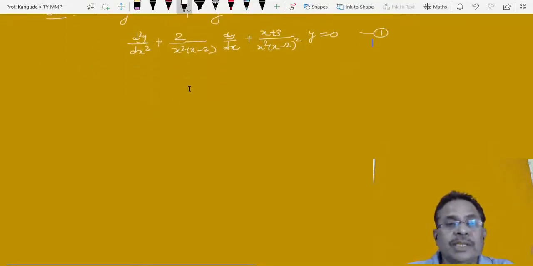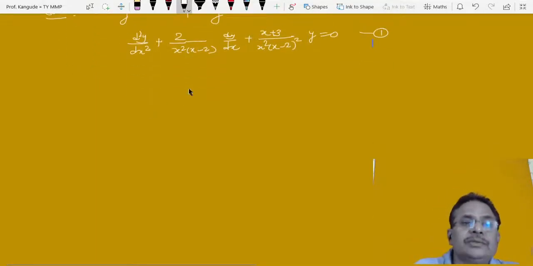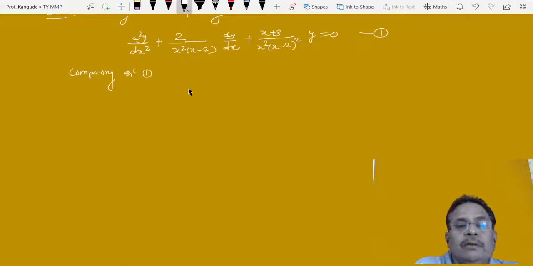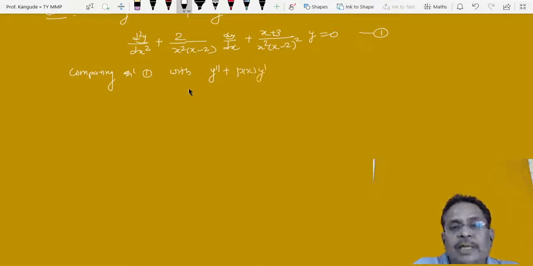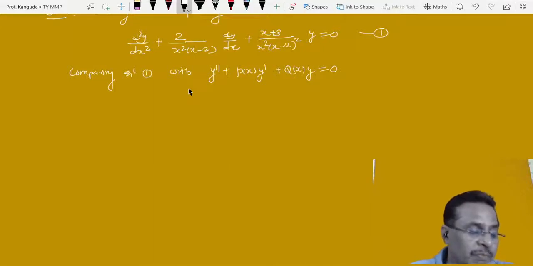Now we can compare this, so comparing equation 1 with y double dash plus p of x into y dash plus q of x into y is equal to 0.